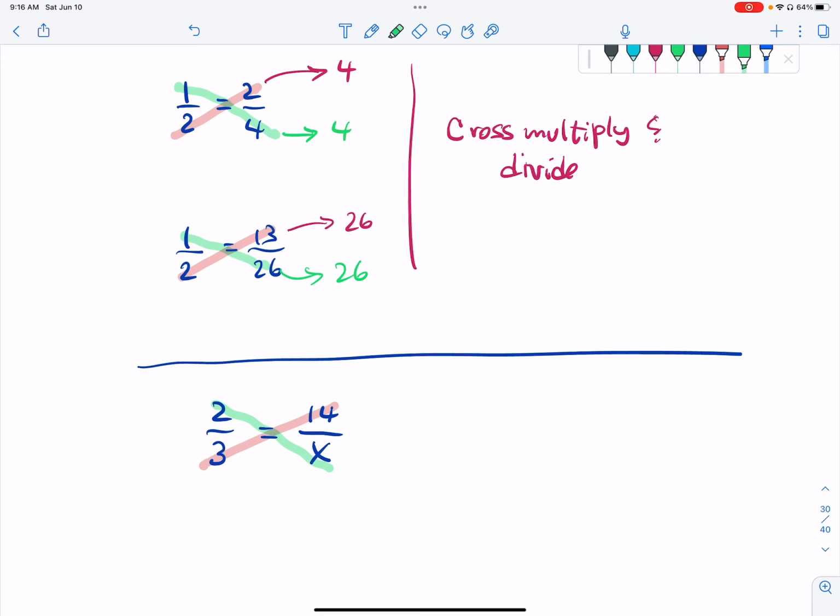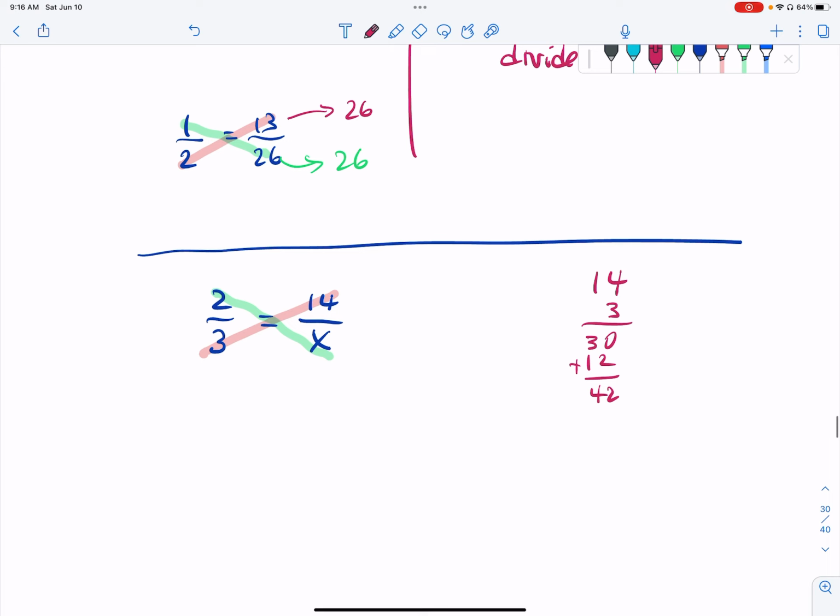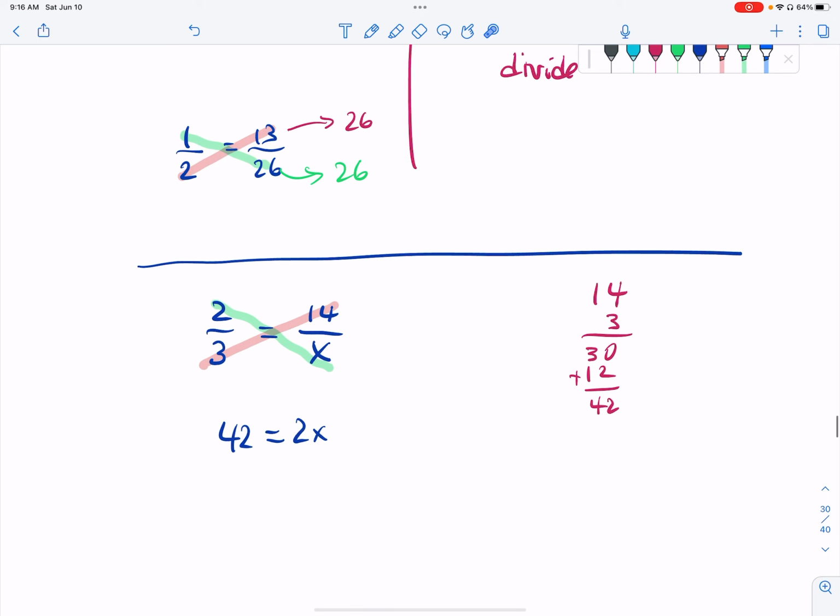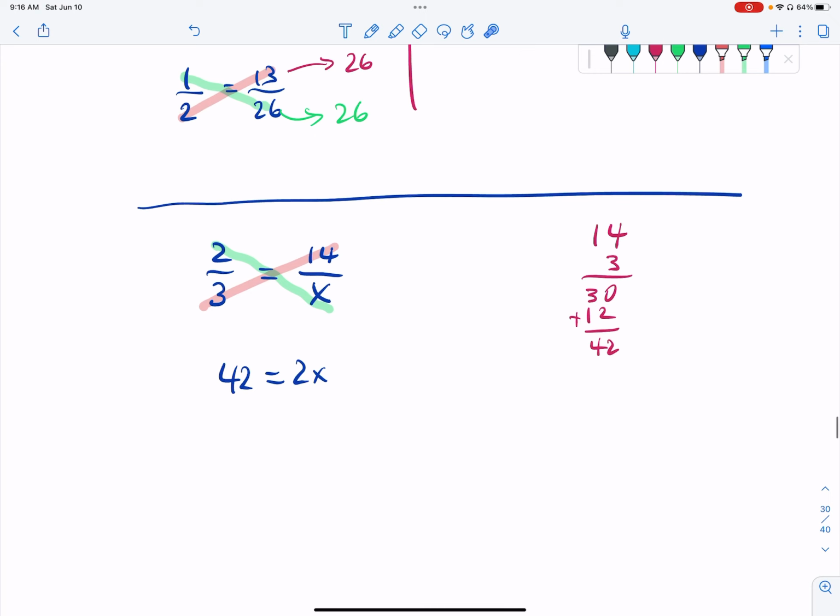And of course here is the reason. 3 times 14, just do this math real quick over to the side, times 3, I'd have 30 plus 12 is 42. I would have 42 is equal to 2 times x. Now, if you're going to solve this equation for x, you would, of course, divide this thing by 2. So when I divide by 2, I get x is equal to 21.